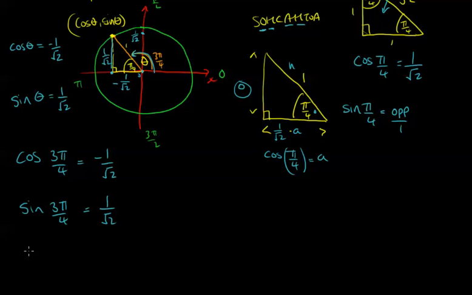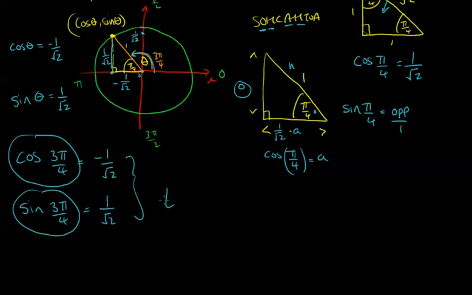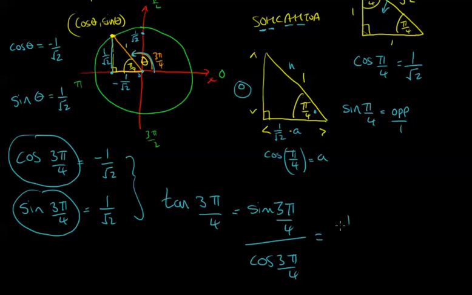Right, all that's left is to work out tan. Remember, when we got these two, we divide that one by that one to work out tan. So let's do it that way. Tan 3 pi over 4 equals sine 3 pi over 4 divided by cos 3 pi over 4. So we're going to do 1 over root 2 divided by minus 1 over root 2.